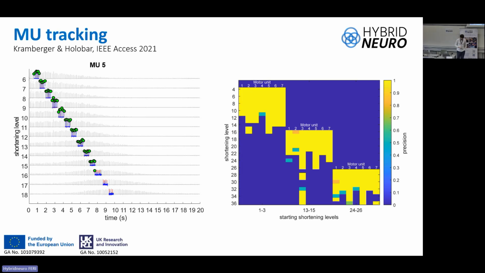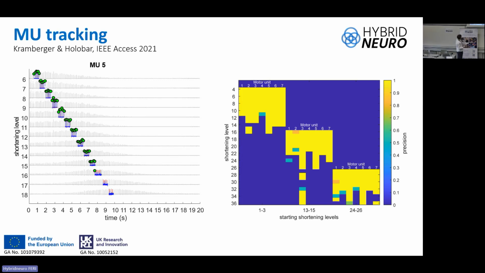For example, if we would not do it, if we would fix the motor unit filter at the shortening level 6, where the shortening level is nothing else but the movement of the arm from fully extended to fully flexed divided into 36 levels. Okay, so it's just this, nothing else.